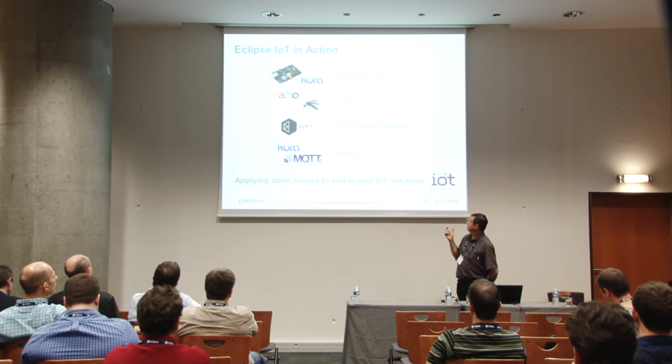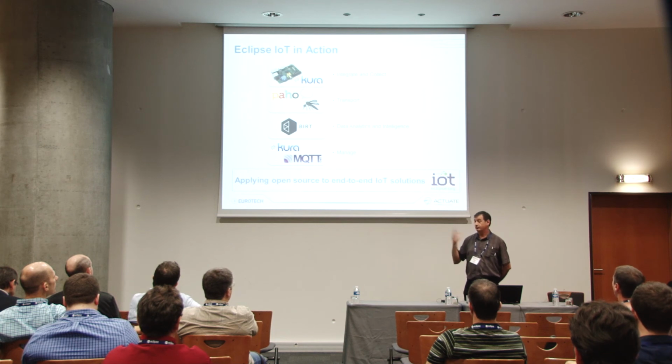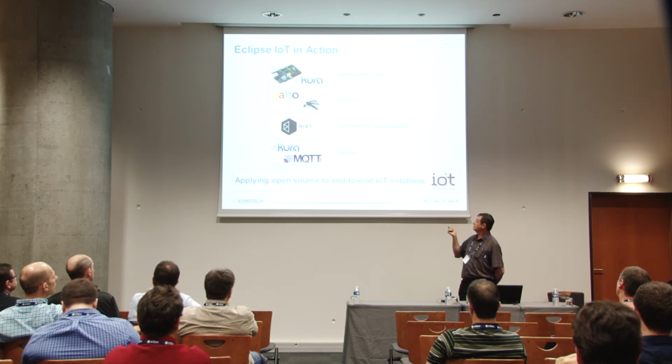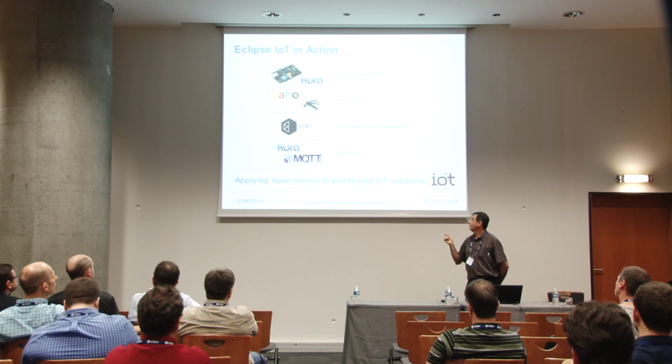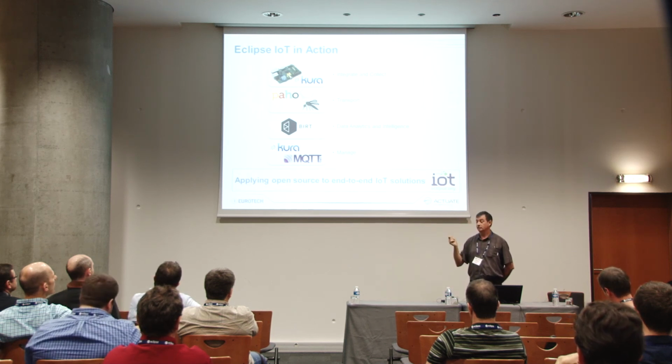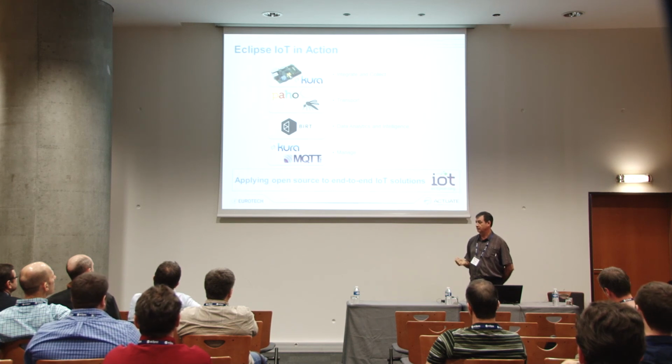When the data are collected, you have to send the data somewhere, because there is a command and control system that needs the data. So for this application we will use the MQTT protocol, and we will use the Paho client, which is also an Eclipse project.